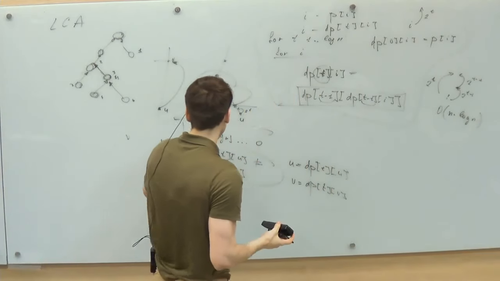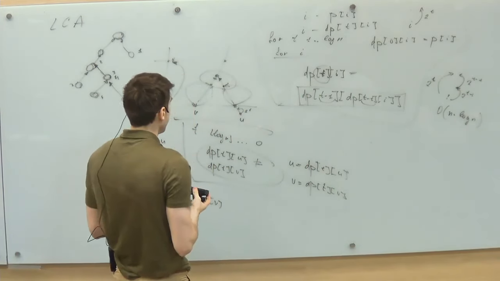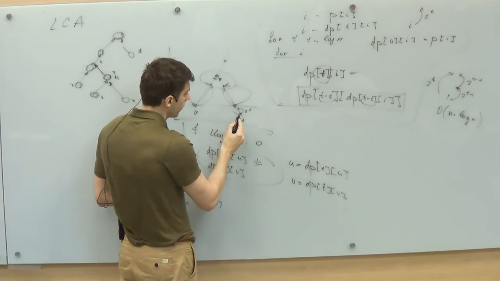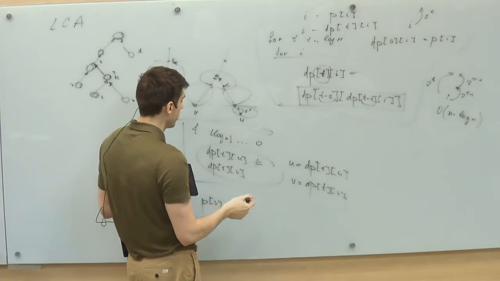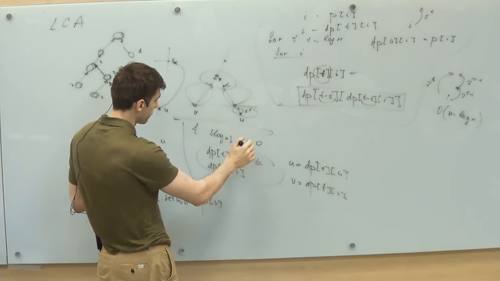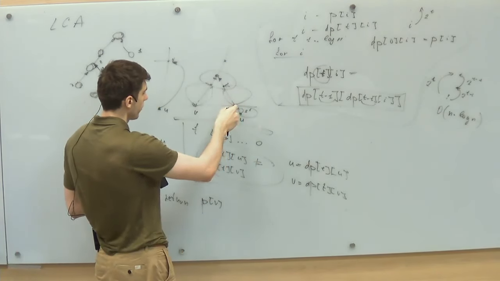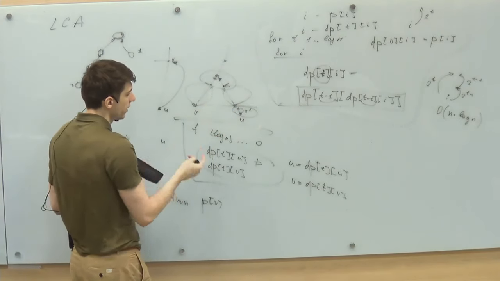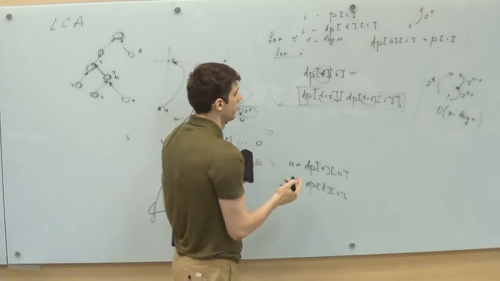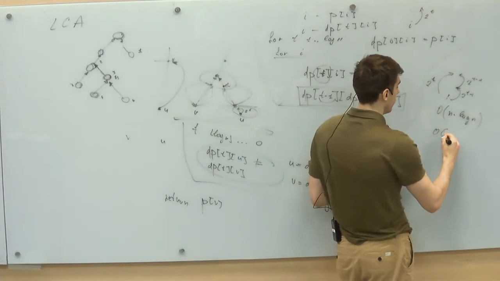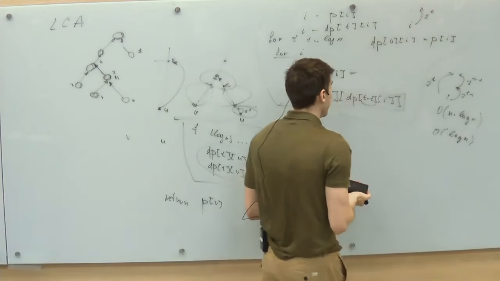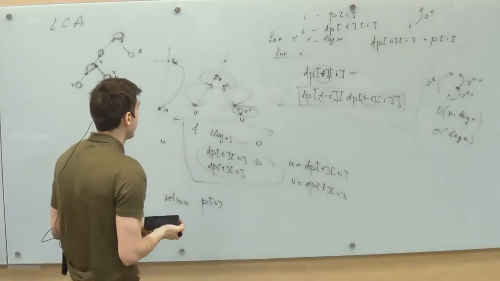And for each query, we will have to go up one of the vertices. We will do this by one cycle for the size of the log. And to move up the pair of vertices is just another cycle, so it's just two logs. So asymptotically, it's just a log to answer the query.